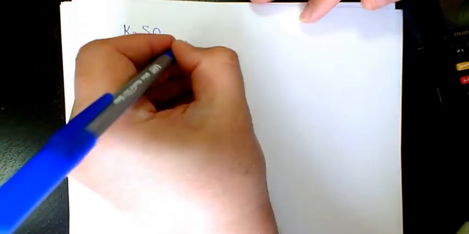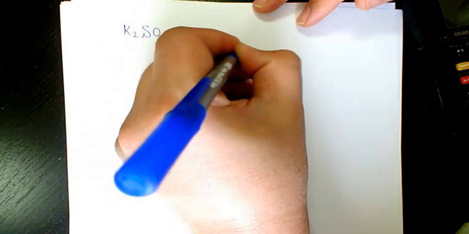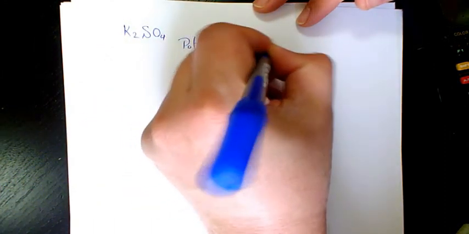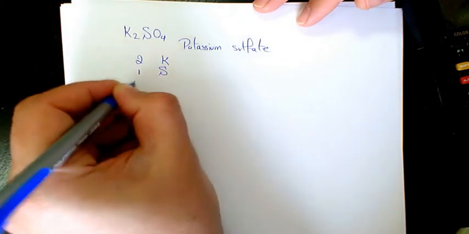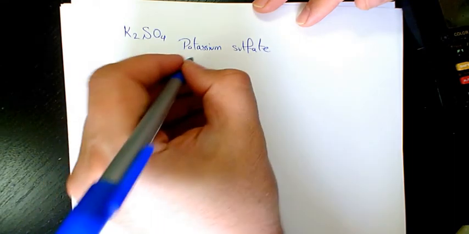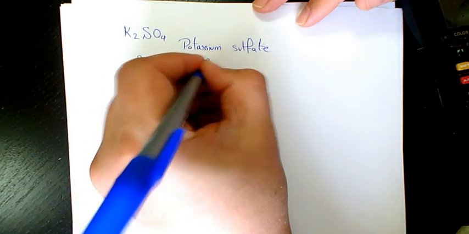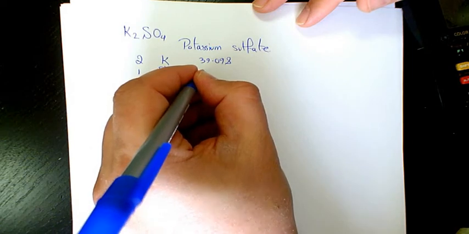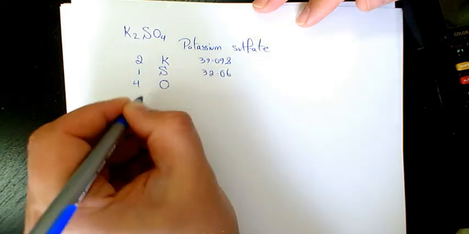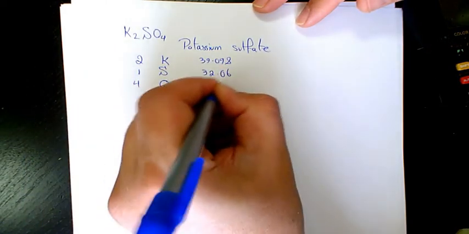Next one is K2SO4, or potassium sulfate. We have 2 atoms of potassium, 1 atom of sulfur, and 4 atoms of oxygen. Potassium is 39.098, that's the atomic mass of potassium. The atomic mass of sulfur is 32.06, and the atomic mass of oxygen is 15.999.